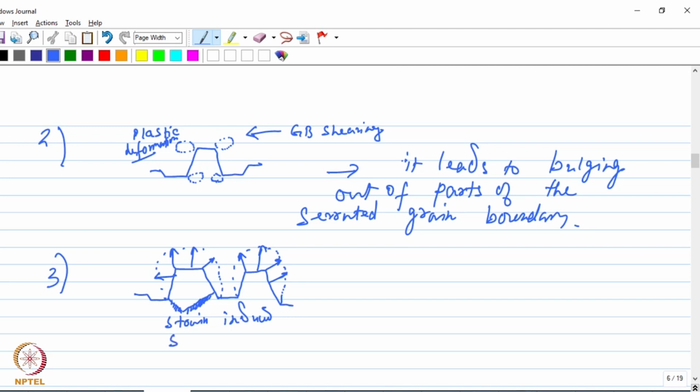When you have high Z, then these boundaries will be the strain-induced sub-boundaries. And for low values of Z, you will have formation of twin boundaries.